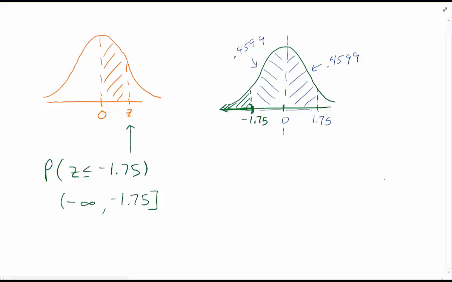So to get the area that I want, I'm going to have to subtract that from 0.5. So the answer is 0.5 subtract 0.4599, which would be 0.0401.